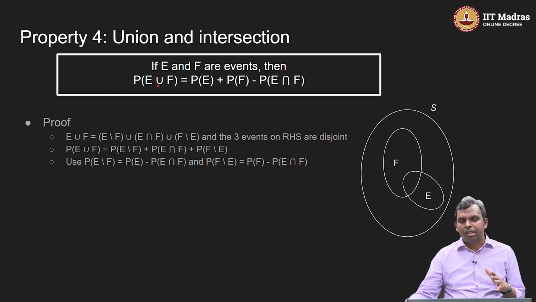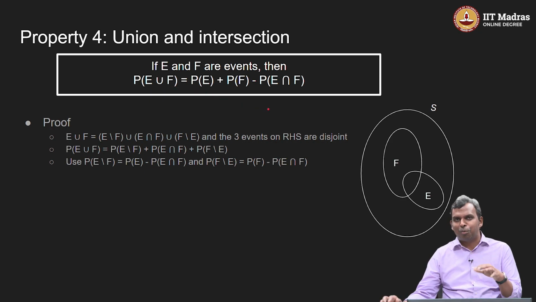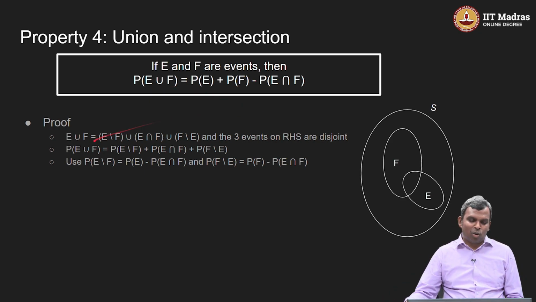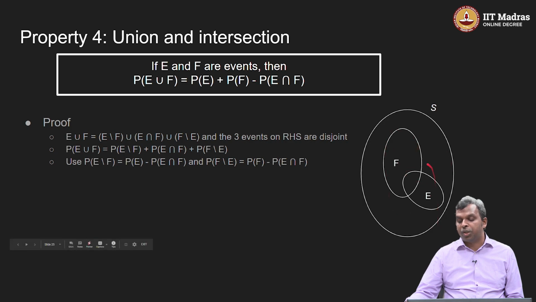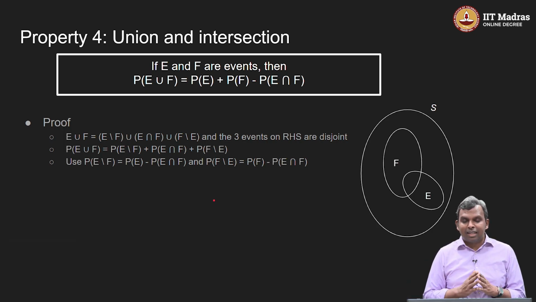So it's intuitive, and I gave you a rough proof by Venn diagram. But if you want an exact proof, here is one, and you can go through it. It is not very hard to prove. You can write E union F as a disjoint union of 3 things, and then you will get the result quite easily. So hopefully the results are interesting to you and the properties are intuitive, not very surprising.